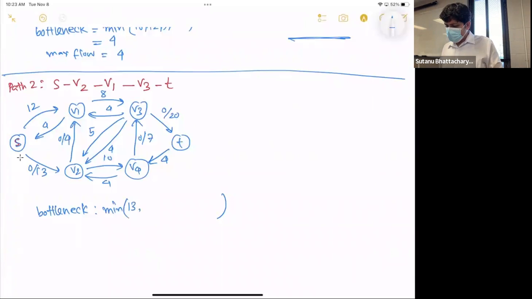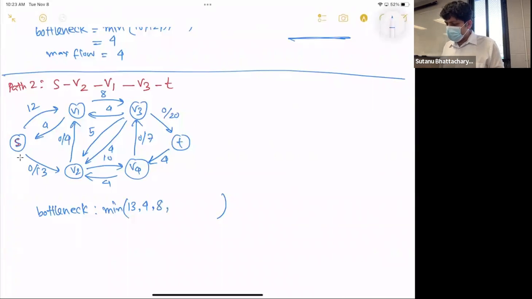Next, V2 to V1, what is the capacity? 4, unused. Next, V1 to V3, what is the capacity? 8. Only think about the forward edge because we are already calculating that remaining capacity. So you don't need to do anything else. Just check the forward edge weight. So it is 8.